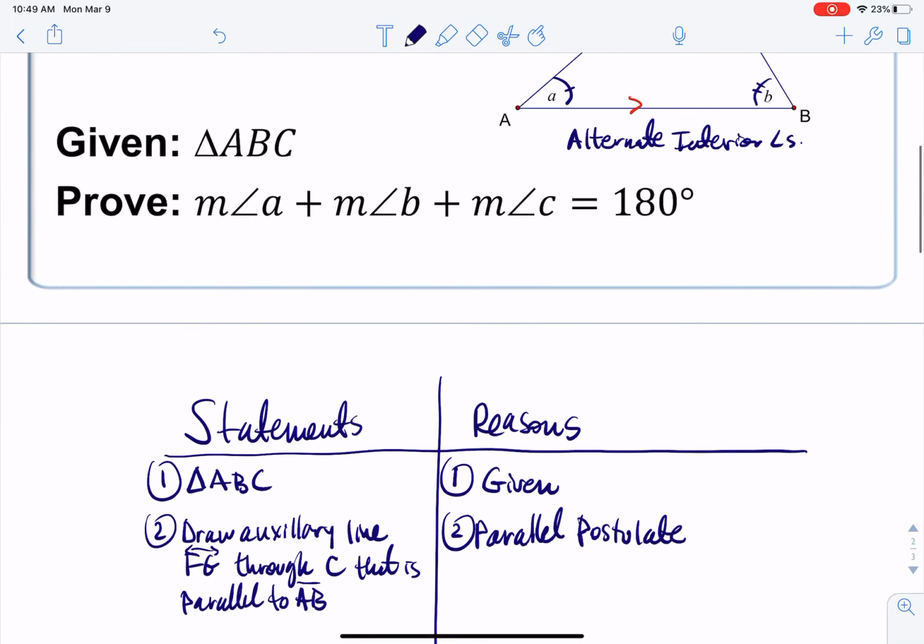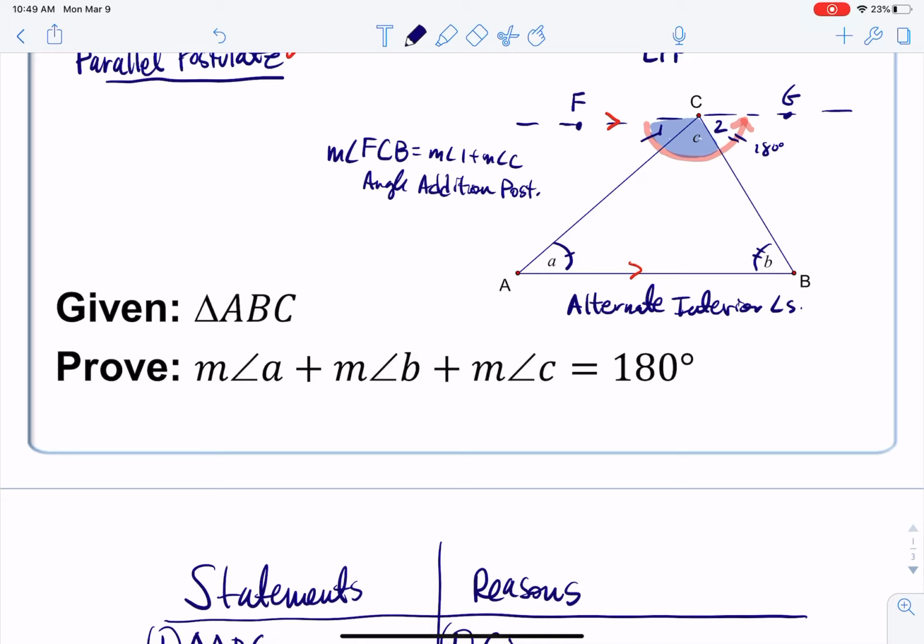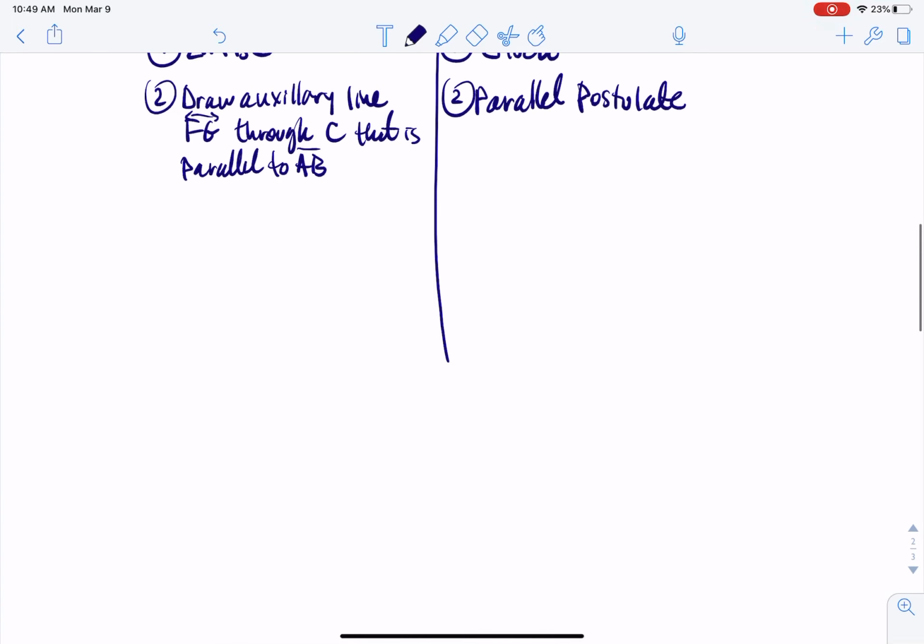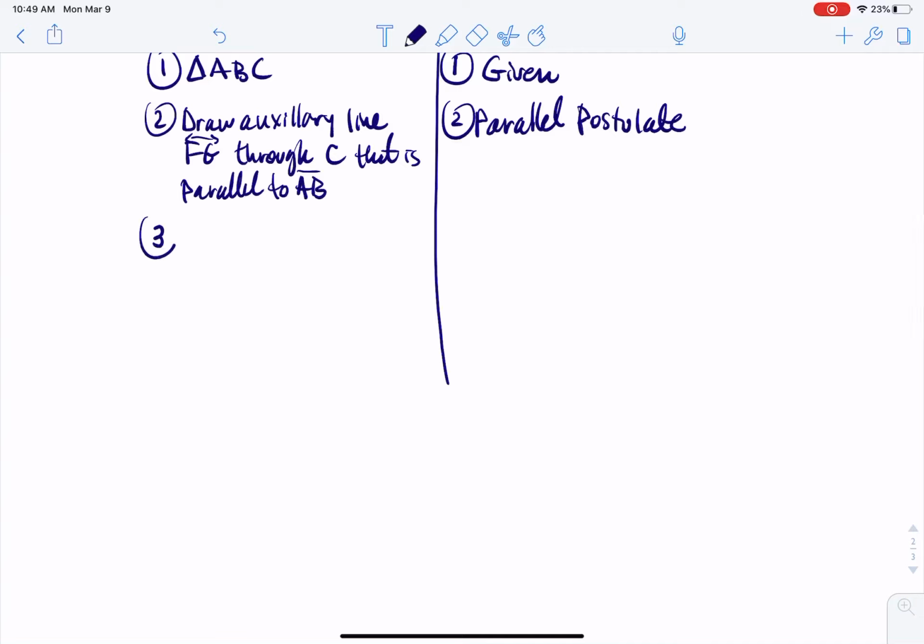Okay, and so now that I have that line in there, now I can use the fact that angle A and angle 1 are going to be congruent to each other, and angle 2 and angle B are going to be congruent to each other. So that's what I'm going to write here on 3.